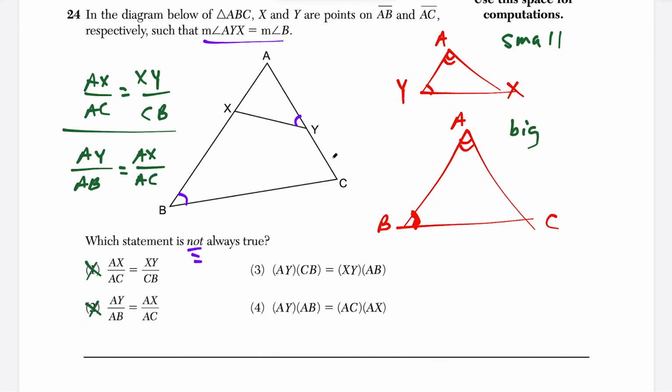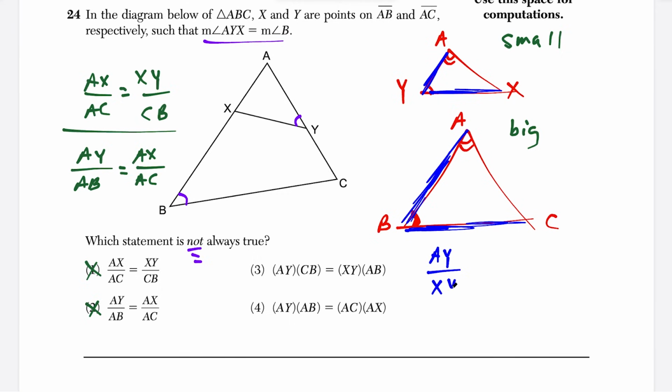So for choice 3, what I would do is I would look over at the triangles here, and I would highlight, we have AY and we have CB. So we have a left side and we have a bottom side so far. And then on the right side, we have XY and we have AB. So notice that in both triangles, we have the left side and bottom side highlighted. So that's a good start here. And now I'll just set up the proportion myself. I'm going to say AY over XY, so I'm going to do the left side to the bottom side.